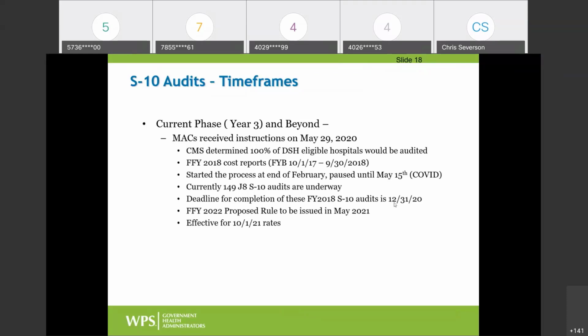In addition, we have a lot of new audit staff we had to onboard to handle this increased workload. So it's a learning curve on both sides. We hope some of these templates will be out there from CMS, and we hope now that everybody's had a chance to go through it one time, the learning curve will be better next year.